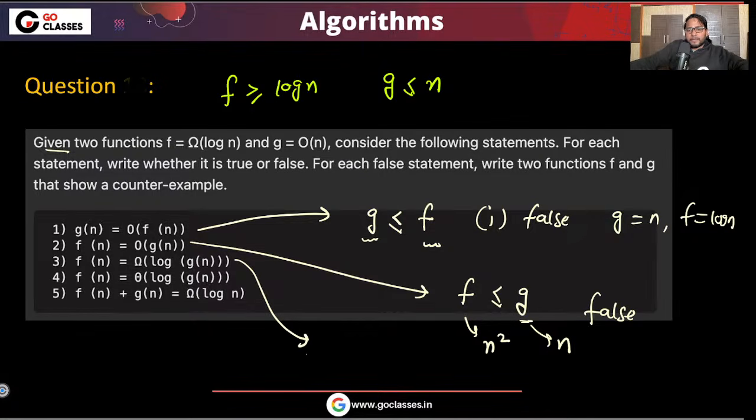What about this? Can you say that f is greater than or equal to log of g(n)? Tell me. See, if f is greater than or equal to log n, and g is less than or equal to n, then can you say f is greater than or equal to log of g(n)?